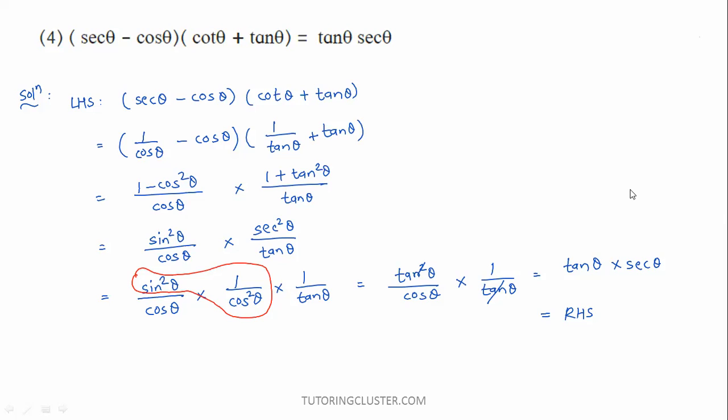Now, let us see the example number 5. Take here LHS again. What is the LHS? Cot theta plus tan theta. Now, what is cot theta? Cos upon sin. Plus, what is tan theta? Sin upon cos. Do the cross multiplication.